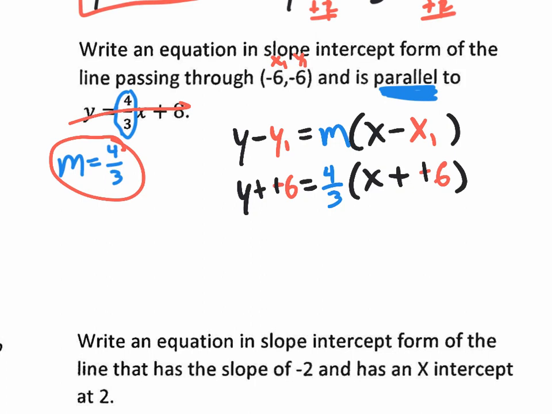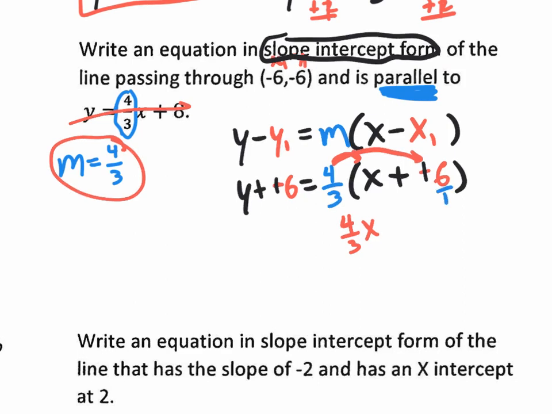So since they're asking for slope-intercept form, we need to get y by itself. We need to get rid of those parentheses. Let's distribute, right? 4/3 times x, that's just 4/3 x. 4/3 times 6. Okay, and just to explain to everybody, if you're confused about multiplying a fraction times a number, just put that number over 1 if you want, and multiply the top with the top and the bottom with the bottom.